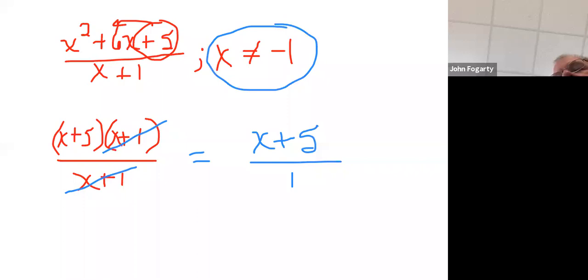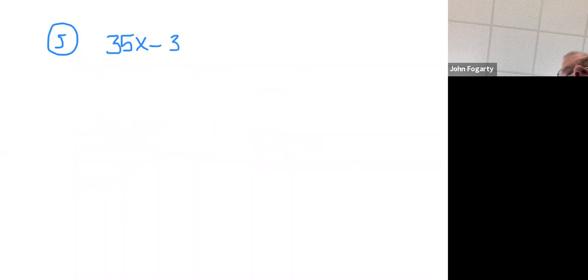All right, now number 5, they're going to change you up. They're going to give you a different method of factoring. 35x minus 35 over 25x minus 40. Well, I see a variable in my denominator, so I must make sure I don't include values that would give me a 0 in the denominator.